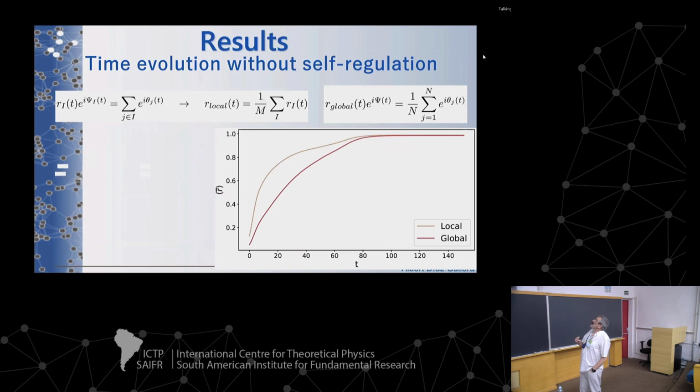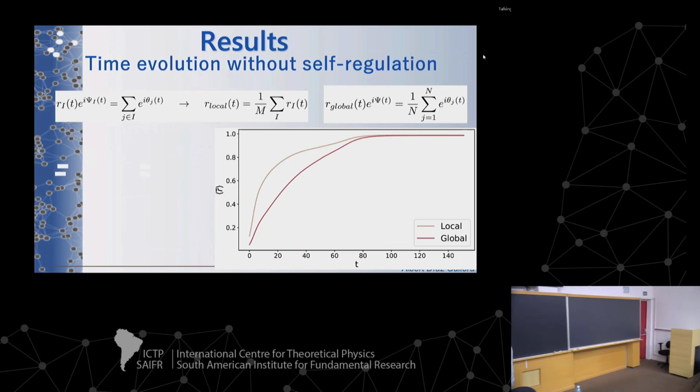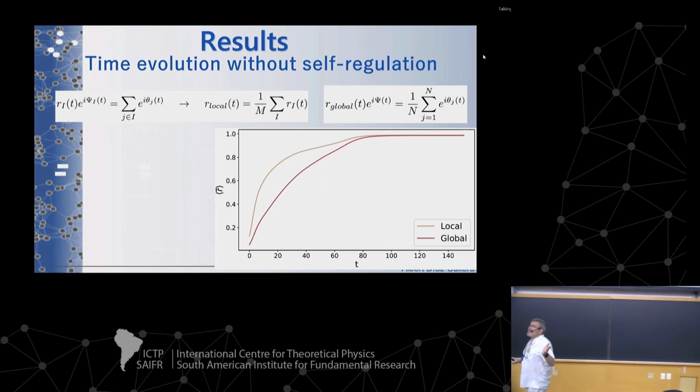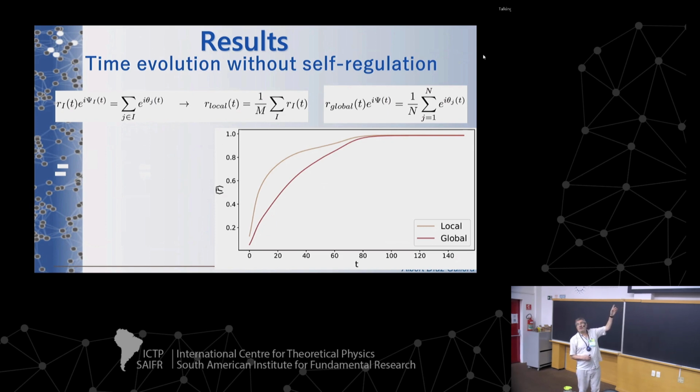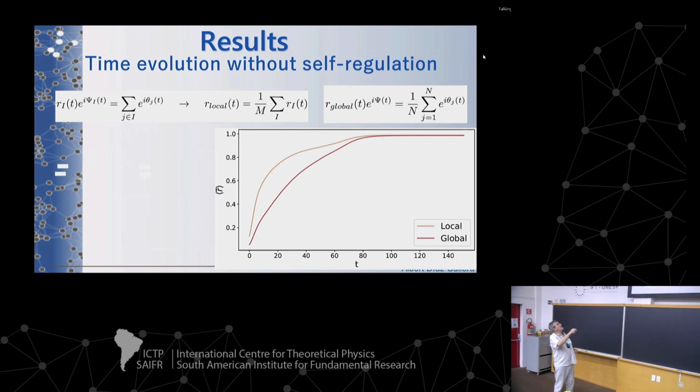This is the definition I was talking about at the beginning, that we are talking about global and local. You will see a very clear difference between what we define as the global order parameter, which is a sum over all individual oscillators, and what we call the local order parameter, where you look at the order parameter inside each module and then average this local parameter over all the modules.